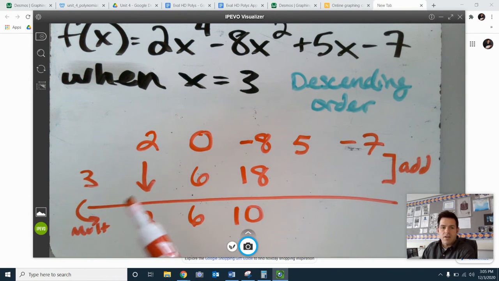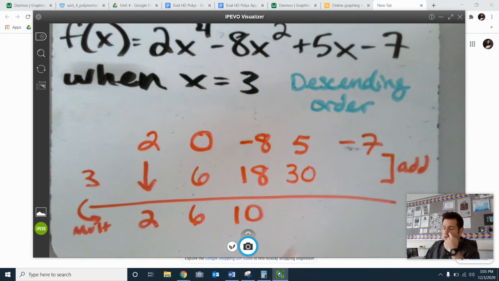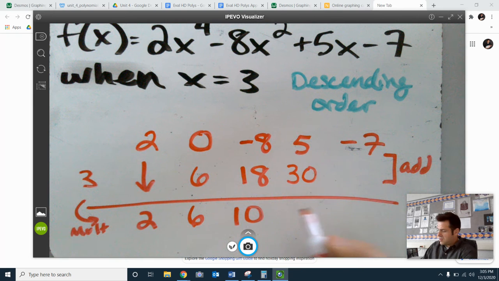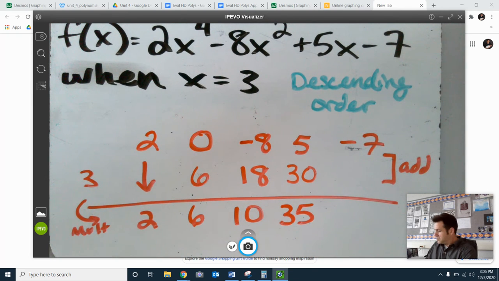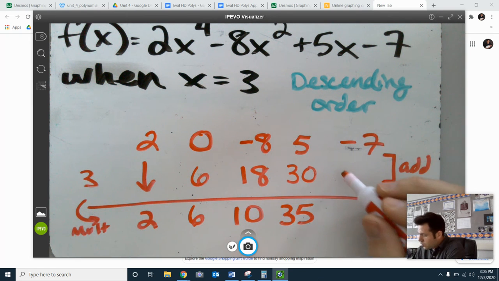Then I have another number underneath. 3 times 10 is 30. Number above, 5 plus 30 is 35. I do 3 times 35, and unfortunately you might need a calculator for this, but I did it quickly in my head and say that it's 105.